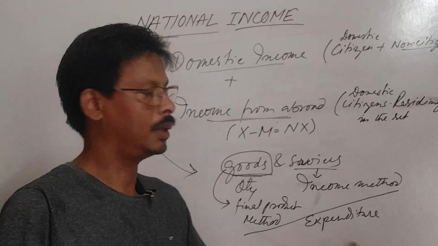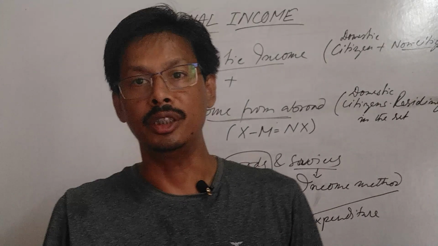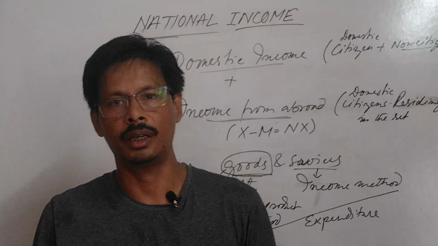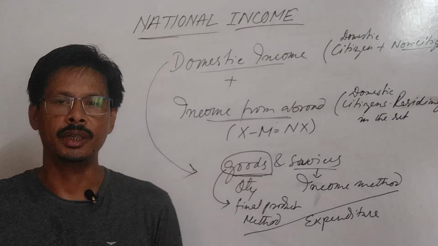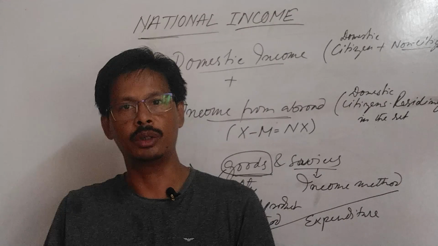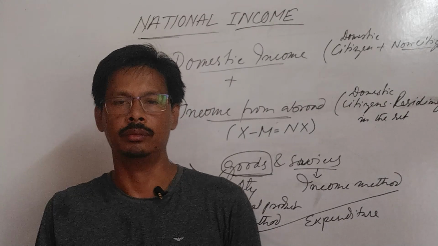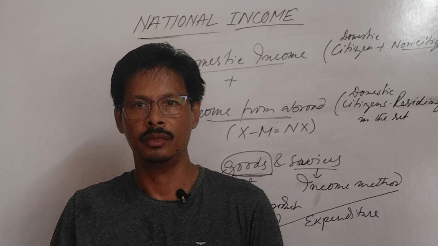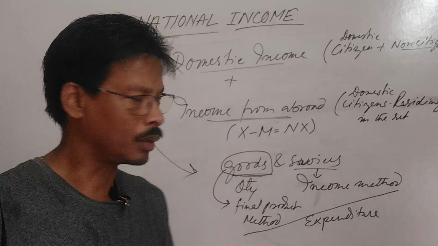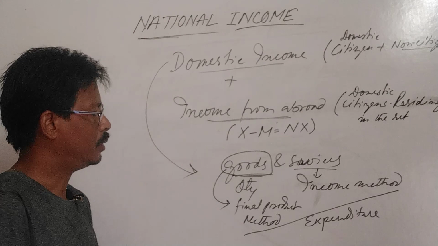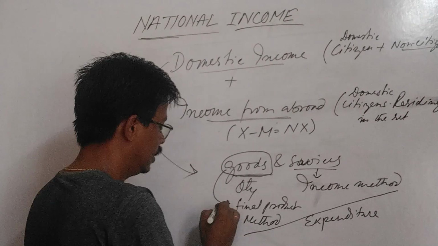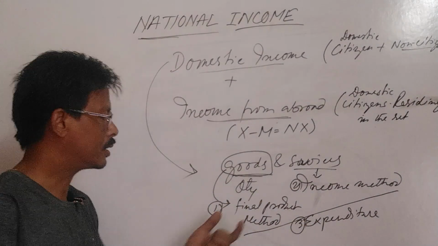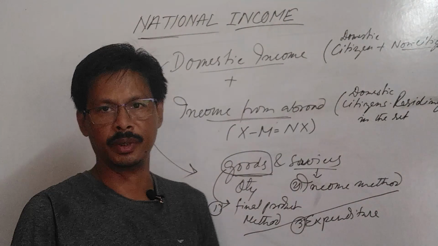Because if we calculate the private consumption expenditure, investment expenditure and the government expenditure all together, then we get the total expenditure of the country, which is the total income of a nation. So to calculate national income, three methods are used: final product method, income method, and expenditure method.